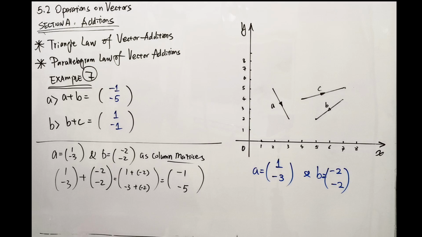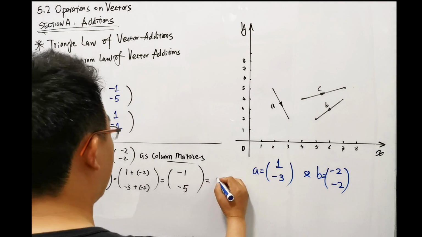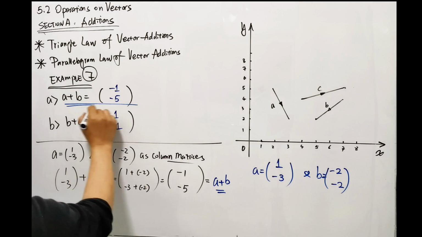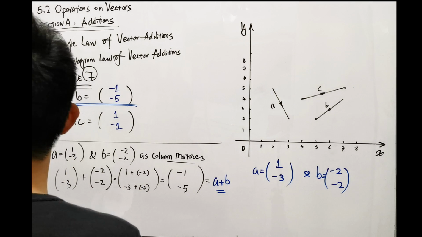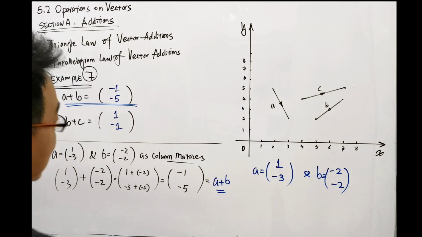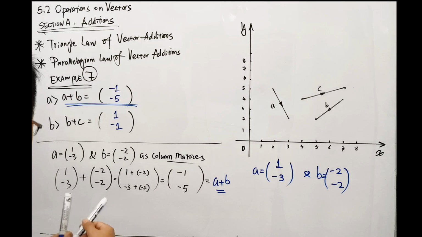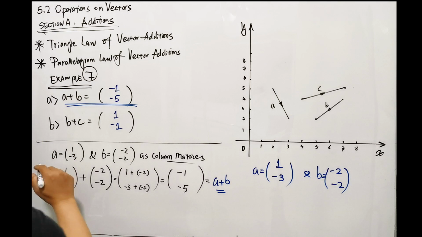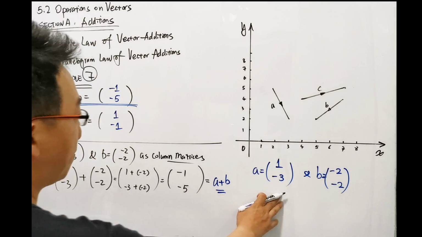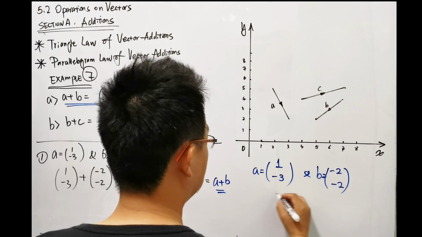So from here we can see that x equals a plus b. Right? So we can find this answer. If we use the same concept for C, we can also find the column vector of C. So what's the C?